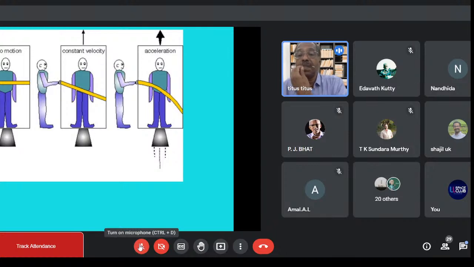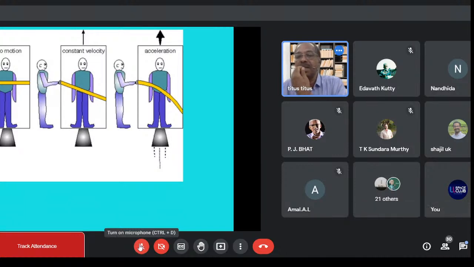So going further from here, you see in an accelerating frame or in the presence of gravity, light will bend. At the same time, we know that there was a principle regarding the movement of light given by one of the very celebrated scientists, Fermat. Fermat's principle says that light will move in straight lines.